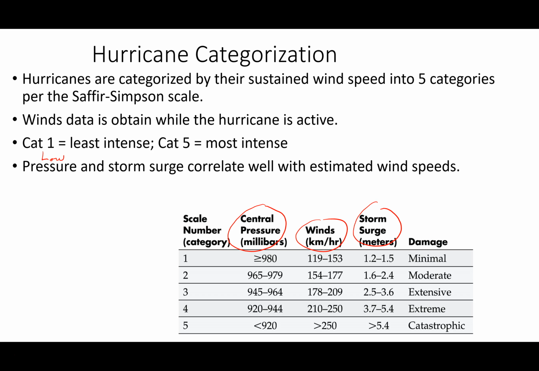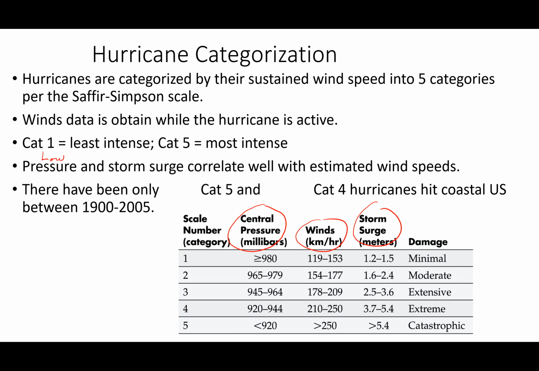Wind speeds. So this surprises me, and I need to double check. This is through 2005, so is it up to date? That's 13 years ago. But as of 2005, there had only been 3 Category 5 and 16 Category 4 hurricanes.